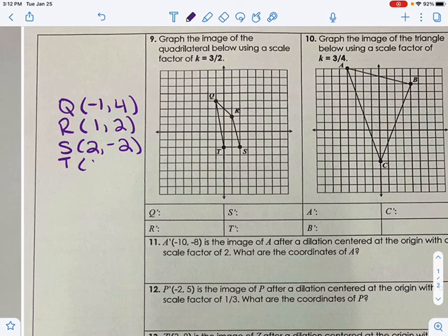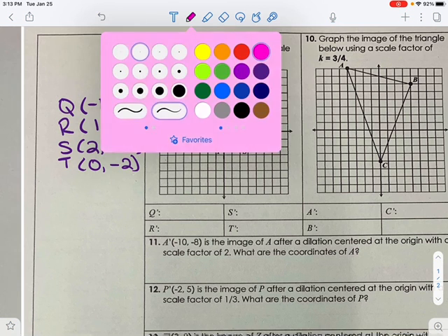And T is at (0, -2). And then I'm going to be multiplying 3 halves to it. You can multiply by 3, then divide by 2, or you can change 3 halves to a decimal, which is 1.5, and multiply everything by 1.5. Either way, you're going to get the same answers. I'm going to choose to do decimals.